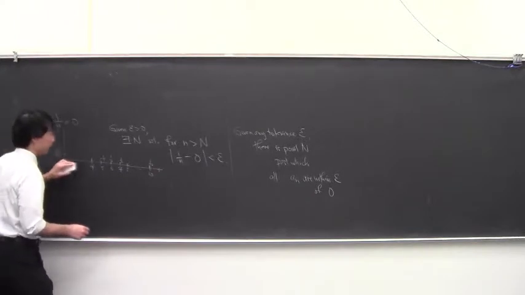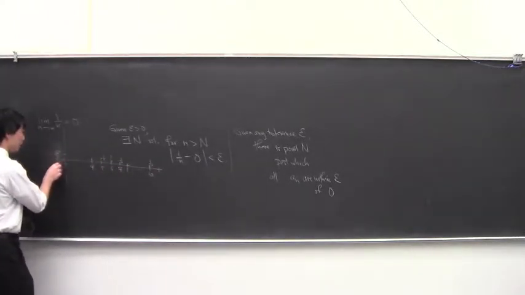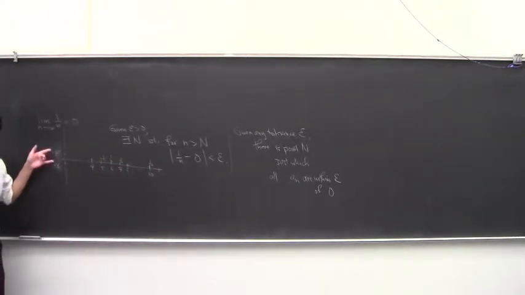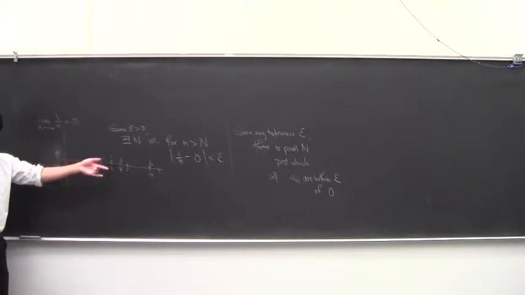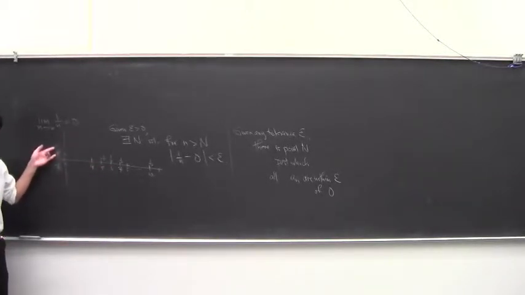If somebody gave you a height of epsilon, then by analogy: when my height was 1/10, I needed time 10. When my height was 1/2, I needed time 2. When my height is epsilon, I'm going to need time 1 over epsilon.